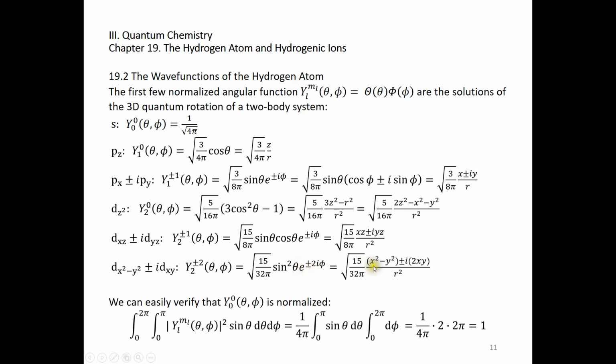That's equivalent to x squared minus y squared over r squared. Sine theta squared times sine 2 phi is equivalent to 2xy over r squared. We can easily verify this function Y00 is normalized. We just need to integrate this: the squared modulus of Y times sine theta d theta d phi. The integral is 1.